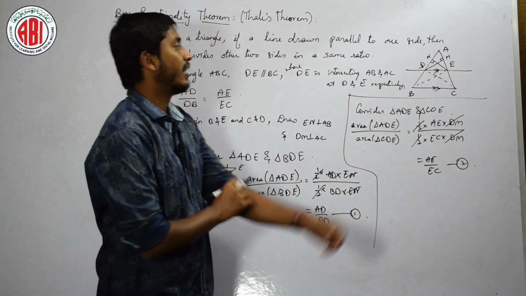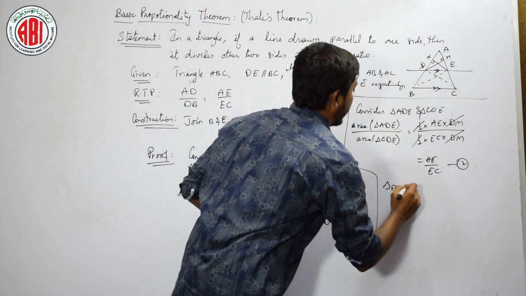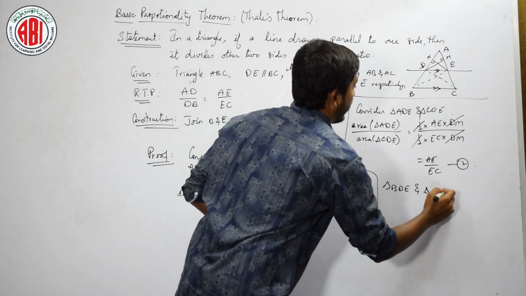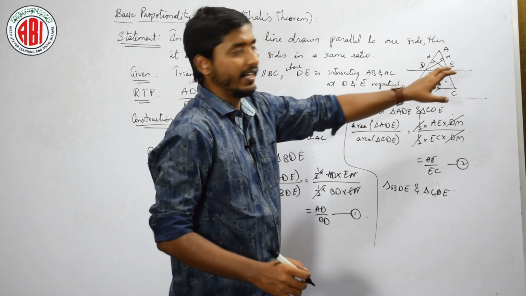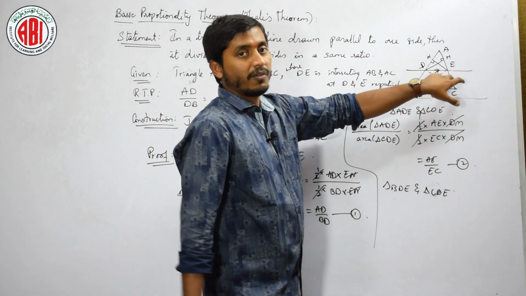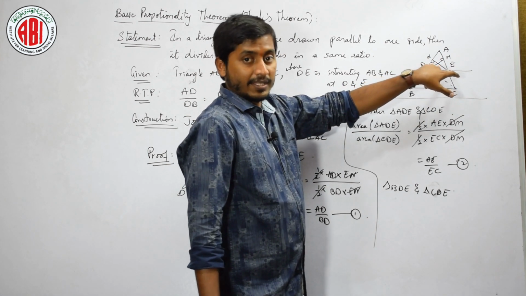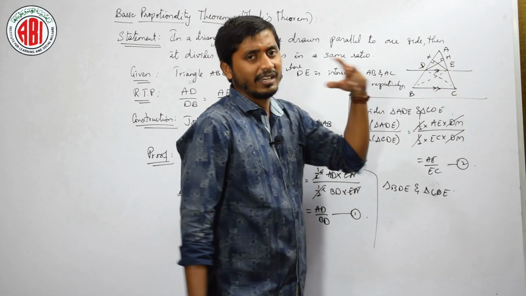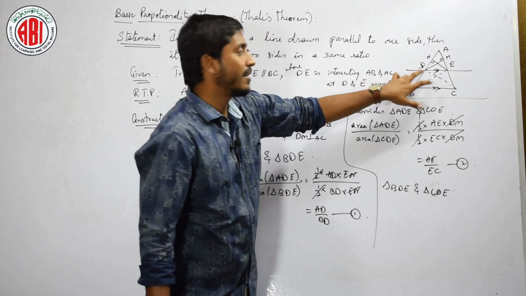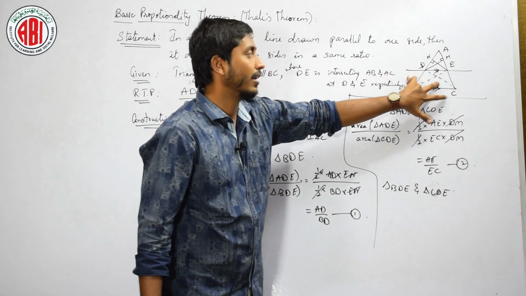If you observe here, the triangles BDE and CDE, if you observe, BDE and CDE are on the same base. Here DE is common for both the triangles, yes or no, right. DE is common, and you can think that there is a trapezium or else a quadrilateral, right.